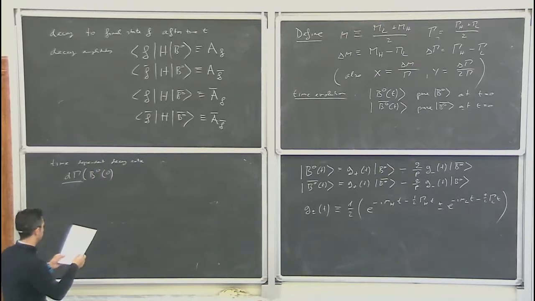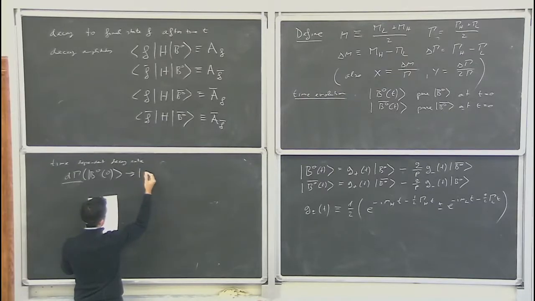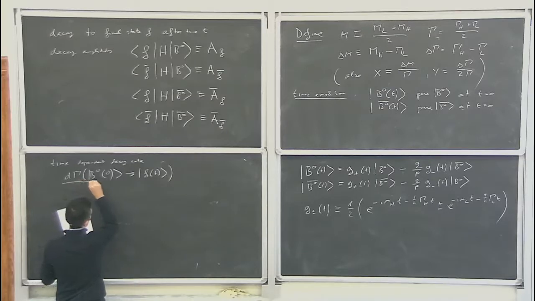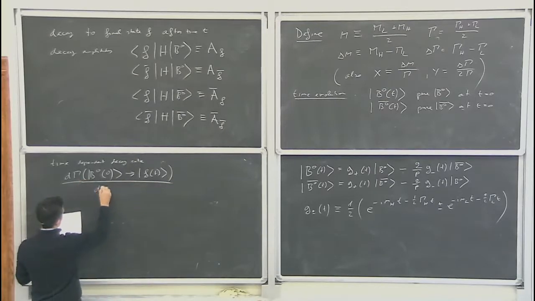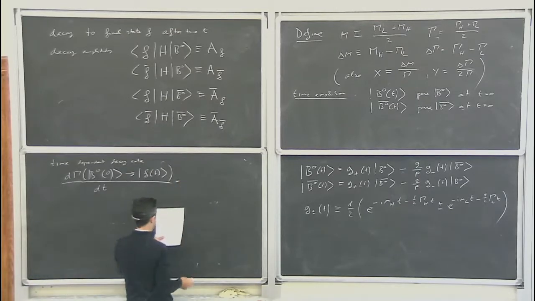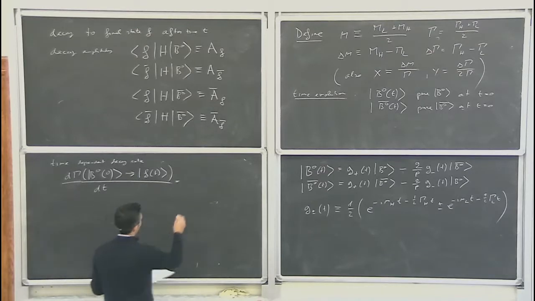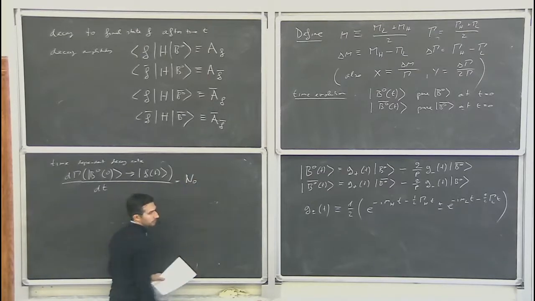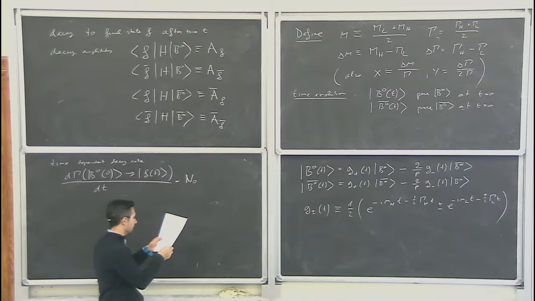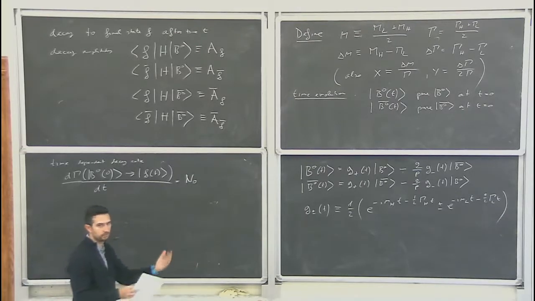So this is a state started out as B naught at time equals 0 and ended up after time equal t in the state f of t, per unit of time. And I can parameterize this in the following way. So there will be an overall normalization factor, which I will not care about. I will just parameterize it as N naught, which will basically be just the flux normalization, how many B's I start with.